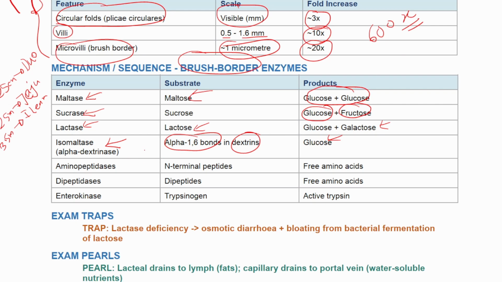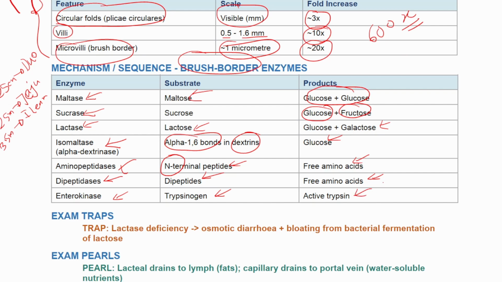Protein processing is driven by aminopeptidases, converting N-terminal peptides to free amino acids. We already mentioned N-terminal means the starting point of the peptide branch. Whenever you see C-terminal, that means the terminating point of the chain. And now dipeptidase, it will convert dipeptides to free amino acids, and enterokinase, converting inactive trypsinogen into active trypsin.